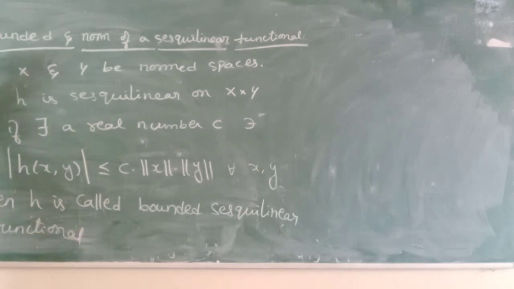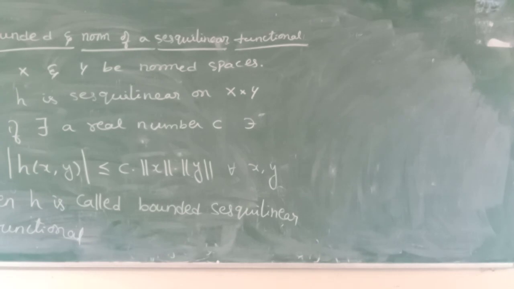So out of the two definitions, boundedness is completed, and the norm of H is given by the same formula, supremum of the modulus of the function over the variables.